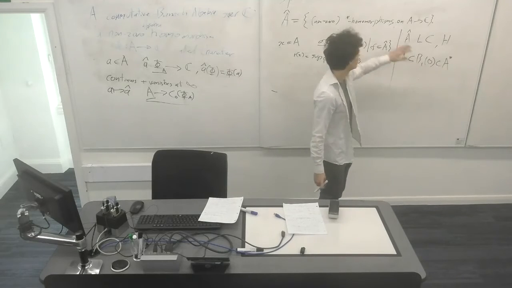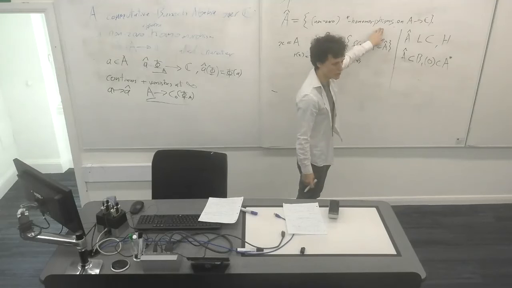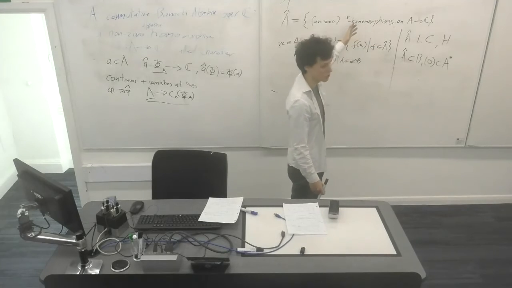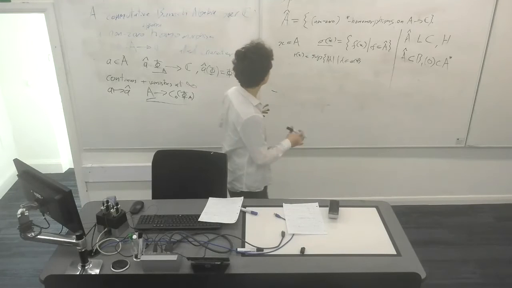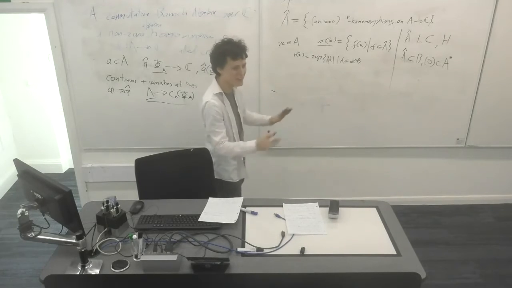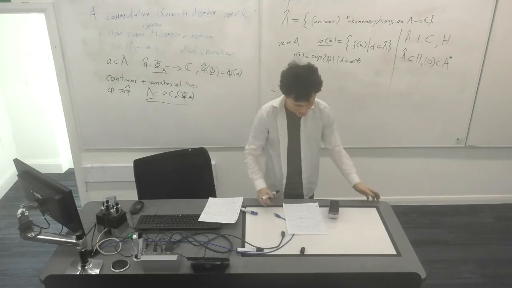The norm is the standard operator norm on the homomorphism. This homomorphism is also a linear operator on the vector space component of the C-star algebra. Again, it's all very here and there, very complicated stuff.